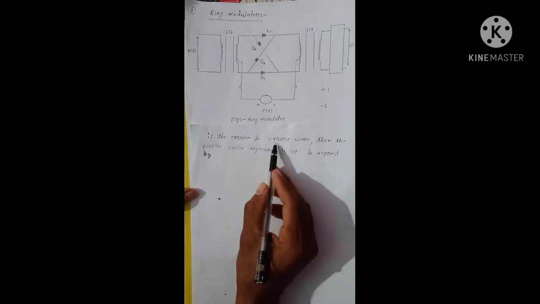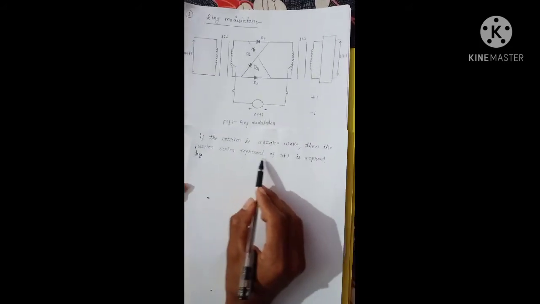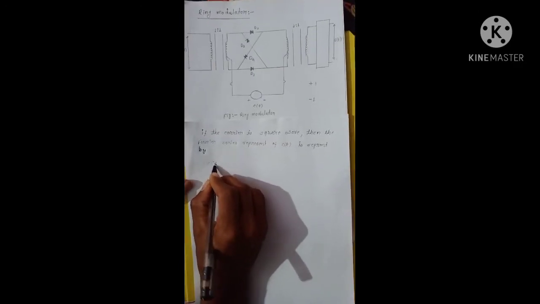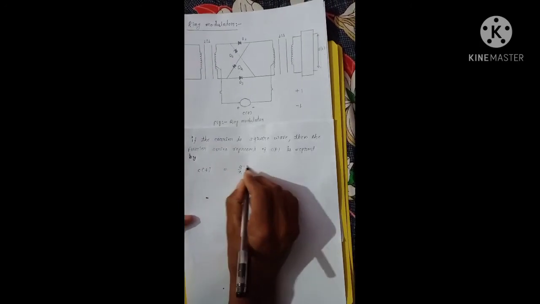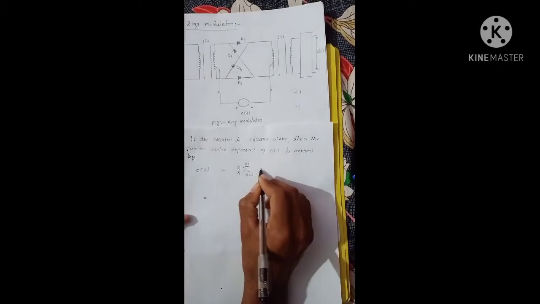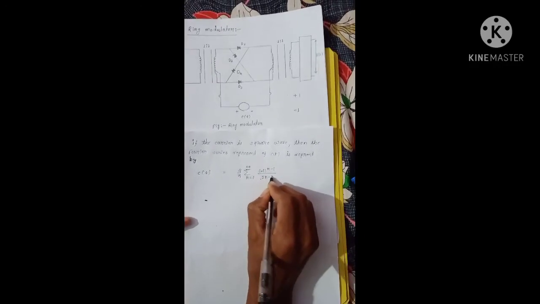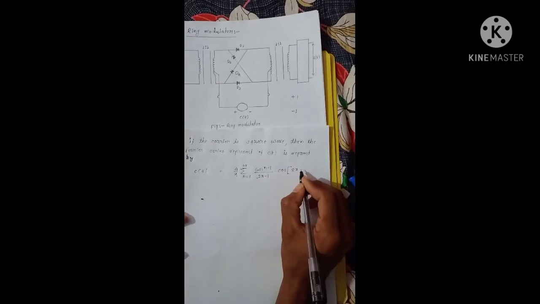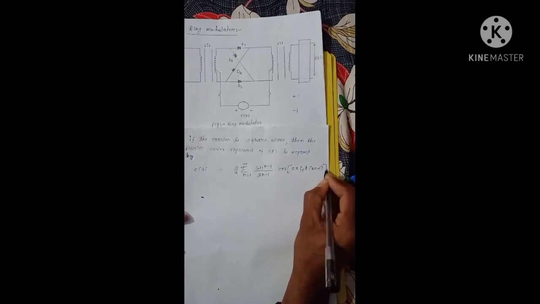If the carrier is a square wave, then the Fourier series representation of c(t) is given by c(t) is equal to 4/pi summation n equal to 1 to infinity, -1 raised to the power n-1 upon 2n-1 into cos 2 pi fc t into 2n-1.